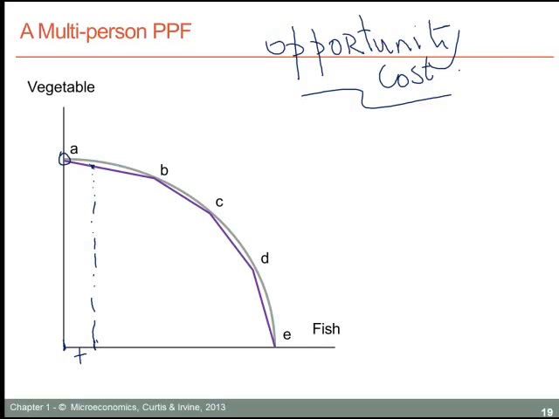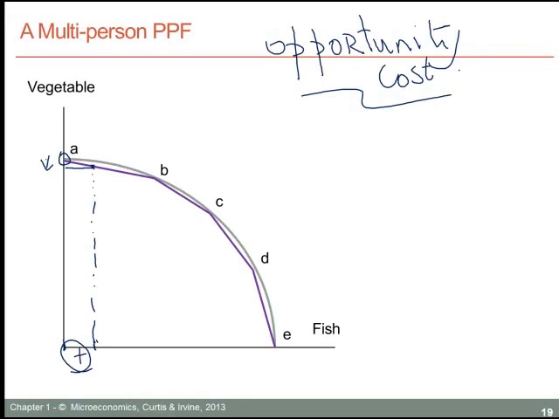So when we begin to produce fish from this point A, and we want to produce this positive increment in fish measured along the horizontal axis, our diagram tells us that what we must do is to give up a small amount of vegetable here, denoted by the distance from the point A down to this point here. So the amount of vegetable we give up in order to obtain this additional specified amount of fish is relatively small when we are on this segment of the economy-wide production possibility frontier.